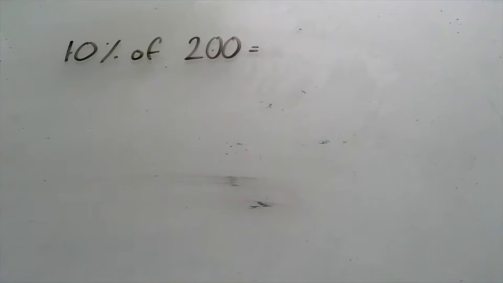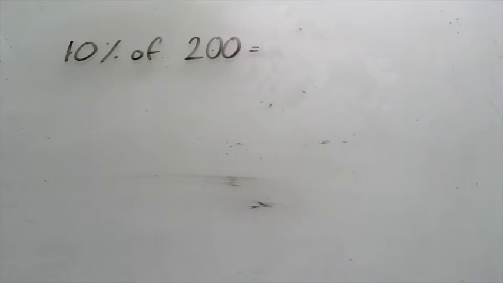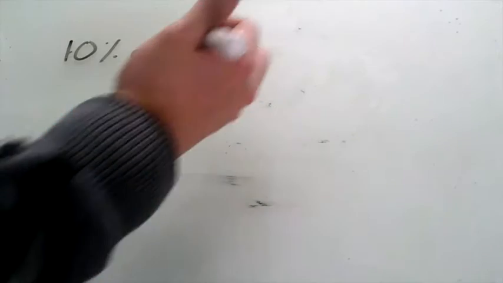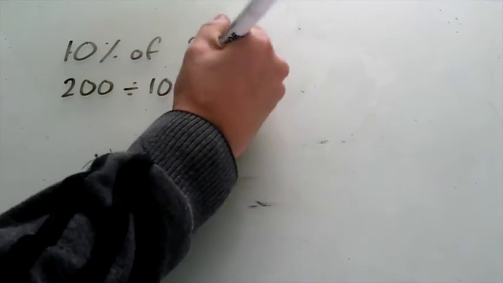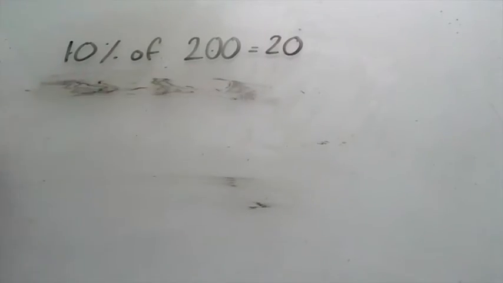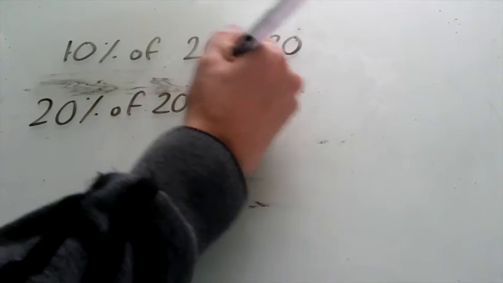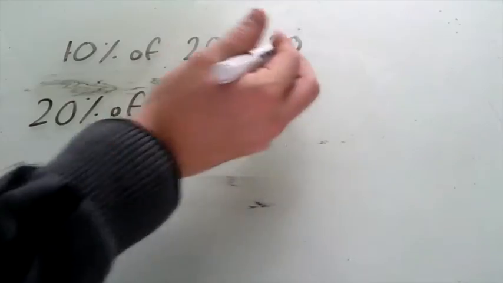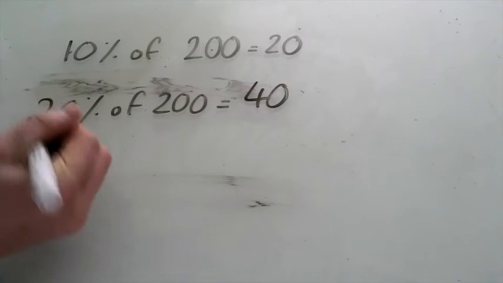Let's go over that last bit again then. So we're finding 10% of 200. So to find 10%, we divide by 10. So 200 divided by 10 will give us 20. If your question was to find 20% of 200, you would find 10% and then times that answer by 2.